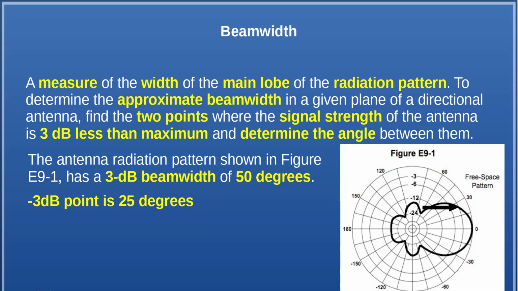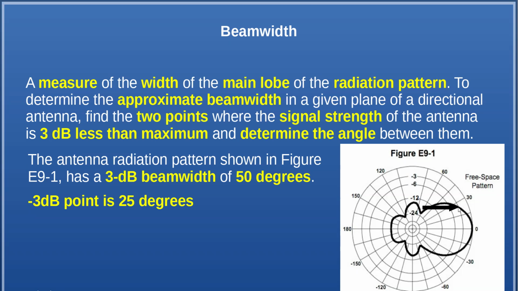We can measure the width of the main lobe, and we call that the beam width if it's a beam type antenna where you have a lobe in one direction. We normally measure that at the 3 dB points. You can see on this chart there's a minus 3 dB line, and where the pattern crosses it on both sides determines the angle, which they call the beam width.